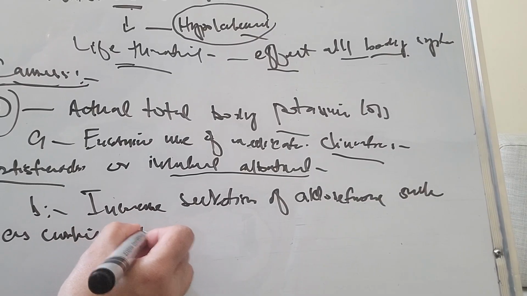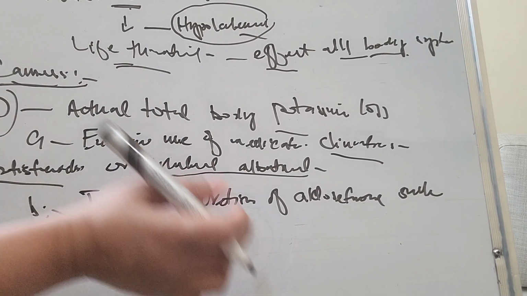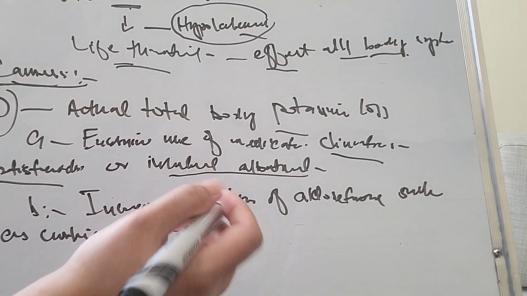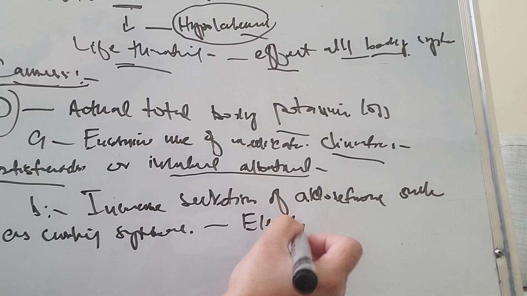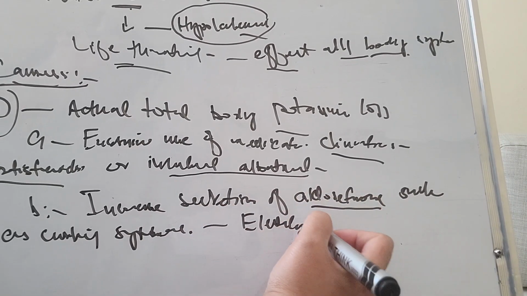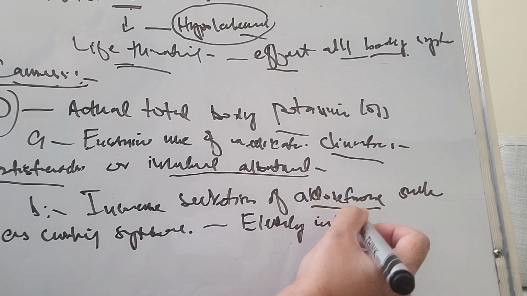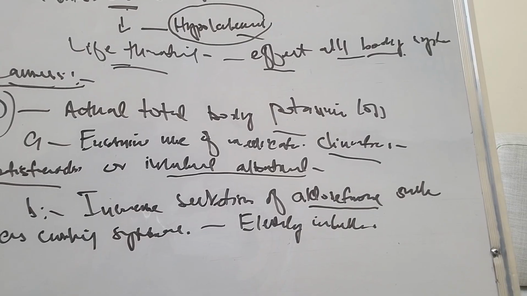In Cushing syndrome, our aldosterone secretion is increased, and the result is electrolyte imbalance. Due to increased secretion of aldosterone, electrolytes become imbalanced, and this is also a reason for hypokalemia.